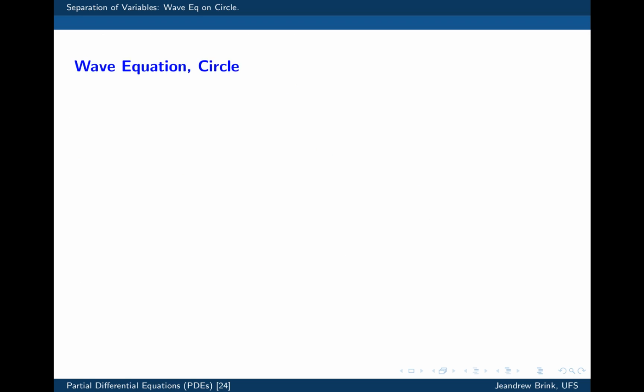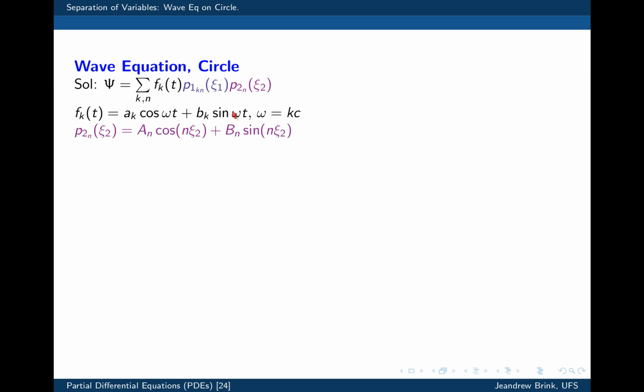Okay, so now let's get all those things together. I've rewritten the wave equation as the sum over k, which we haven't yet fixed, it's still arbitrary, but it enters into f and the frequency, and we've got our first set of basis functions explicitly.